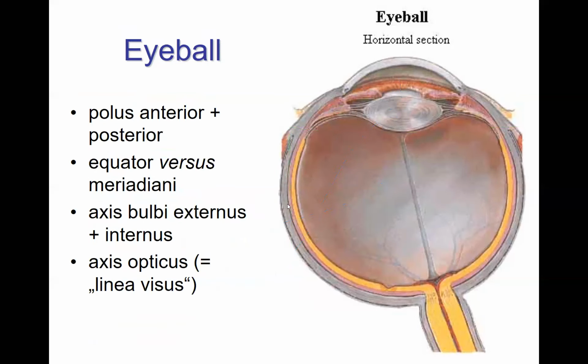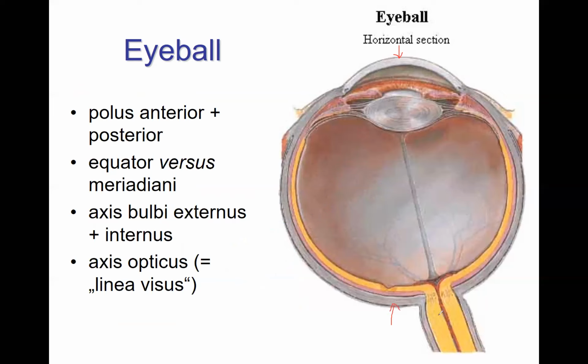So it's an eyeball. The eyeball is a ball, so we can describe here some general structures like anterior pole and posterior pole.